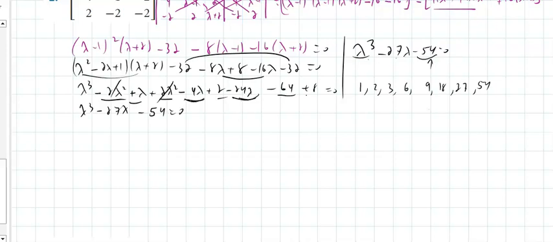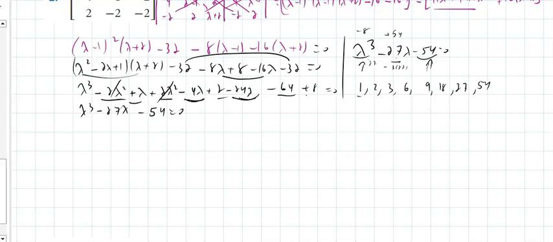Now plus or minus 1 doesn't work because that's going to give you a negative 27 minus 54. Negative 1 wouldn't work either because it'd be negative 1 plus 27. There's no way you could offset the 54. 2, 8 minus 54 plus 54 doesn't work. Negative 2, negative 8 plus 54 minus 54 wouldn't work. 3, 27 minus 3 times 27 minus 54.